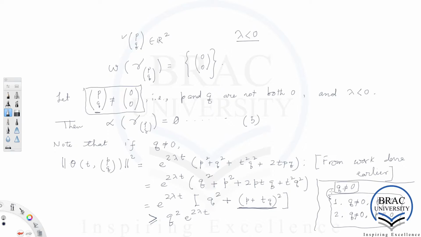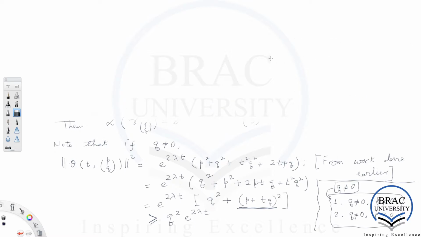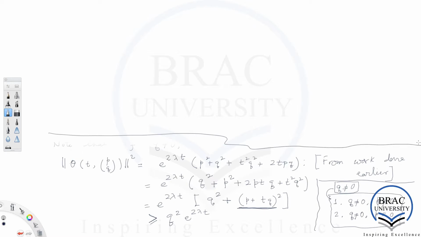So from what we have, we can immediately see that the norm of this vector theta t comma pq is greater than or equal to the absolute value of q times e to the power lambda t.